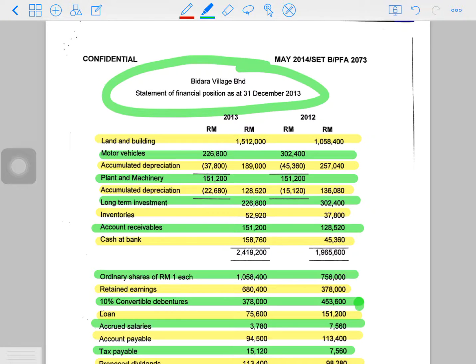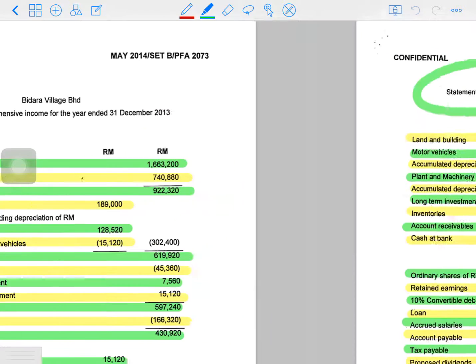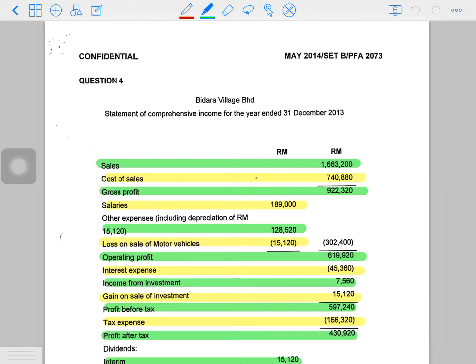For direct method normally they give two: income statement and financial position. For indirect method maybe they only give one, Bidara Village or financial position, because it will be enough information to calculate for indirect method.